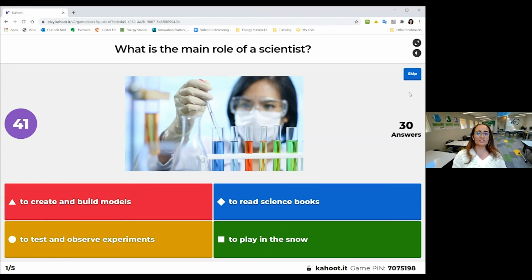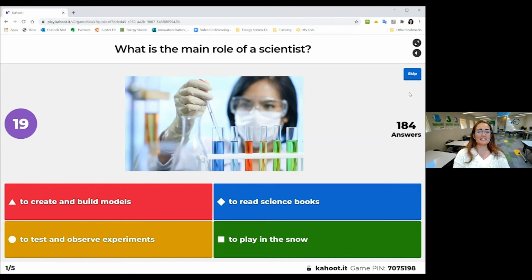Is it to read science books, blue diamond? Is it to test and observe experiments, yellow circle? Or is the main role of a scientist to play in the snow, green square?